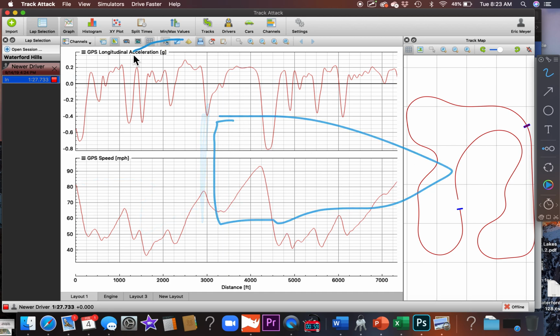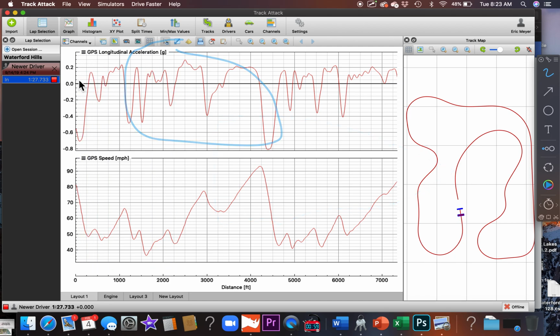But for now, we're just going to talk about long G. This 0 represents we're not accelerating or decelerating. That's all you kind of know is the foundational. This 0 reflects that. So this would be accelerating, and this would be decelerating.